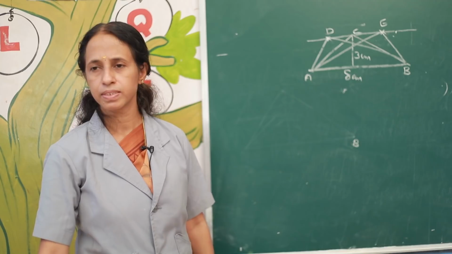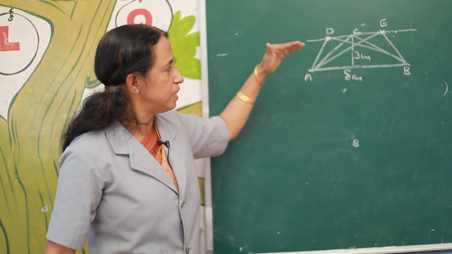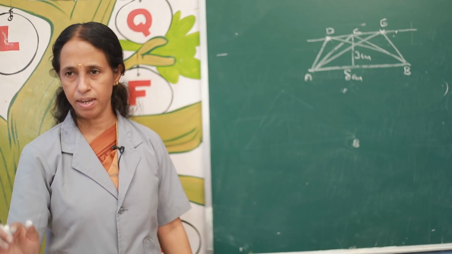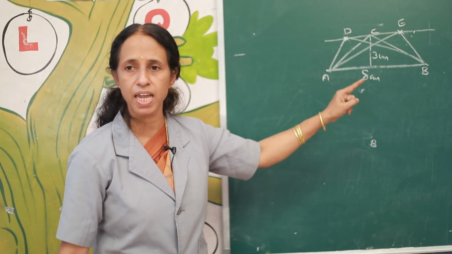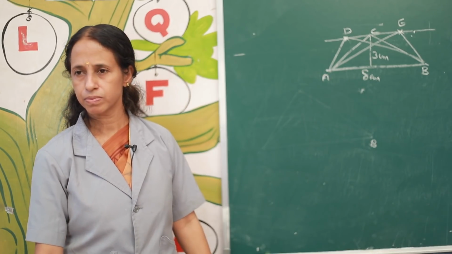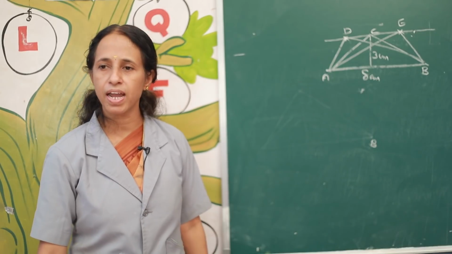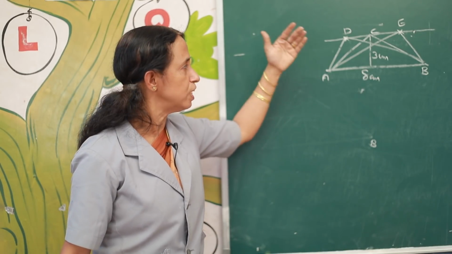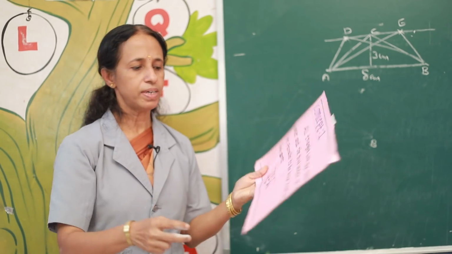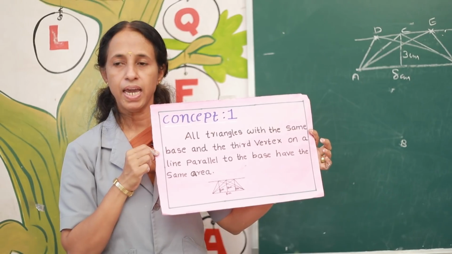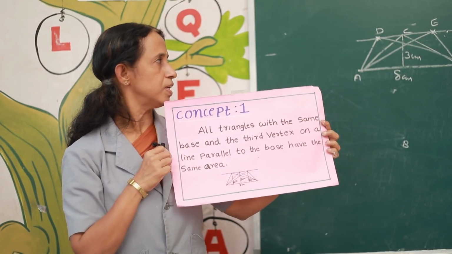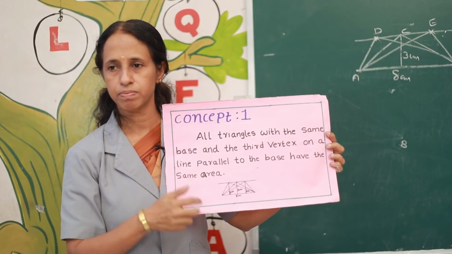All these triangles have the same base. The third vertex of these triangles are on a line parallel to the base. All triangles with the same base and third vertex on a line parallel to the base have the same area.